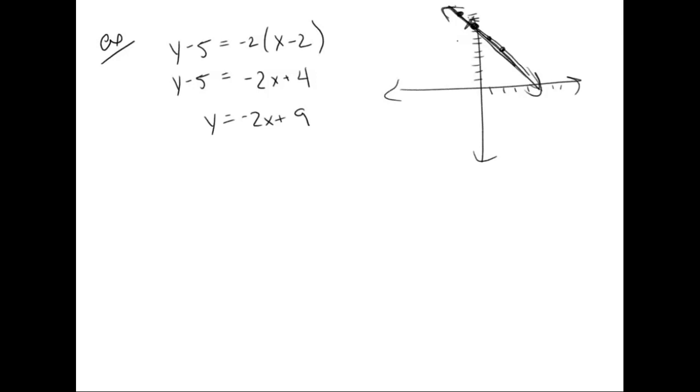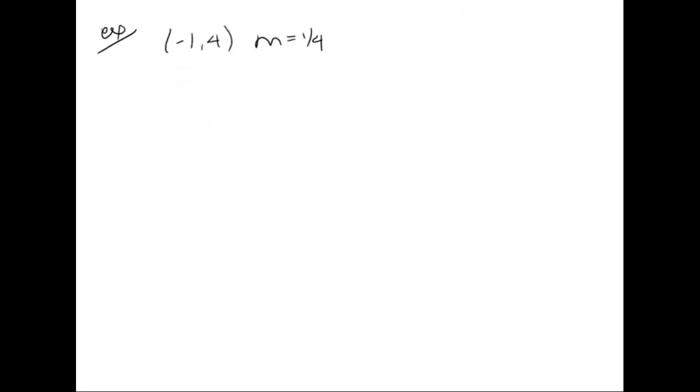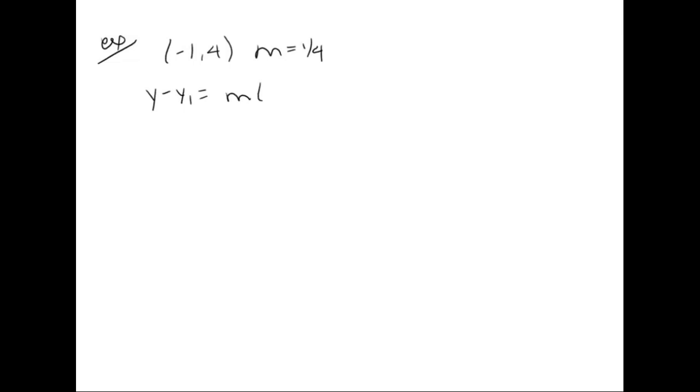All right, I'm hoping that you feel very good about that. So now in this section, you're going to be given a point like negative 1, 4, and a slope. Let's say it's 1/4. And we want to write this in point-slope form, and then we're going to put it in y-intercept form. So what we need is y minus y1 equals m times (x minus x1).